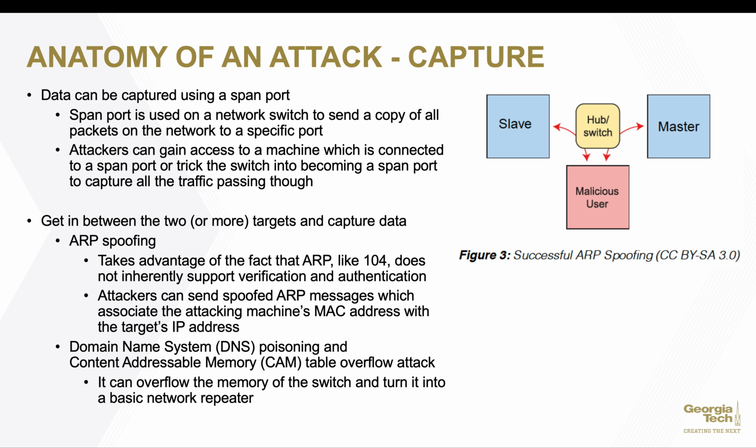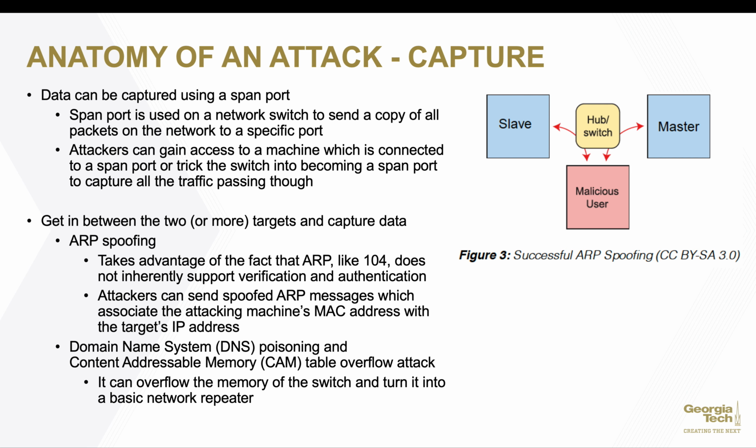Another way is to get in between the 2 or more targets and capture data. First is to use ARP spoofing. ARP spoofing takes advantage of the fact that ARP, like 104, does not support verification and authentication.